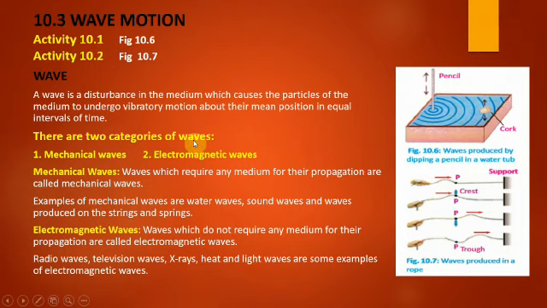There are two categories of waves. Waves are of two types: mechanical waves and electromagnetic waves. What are mechanical waves?